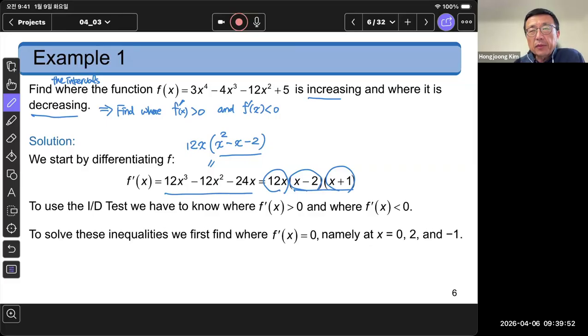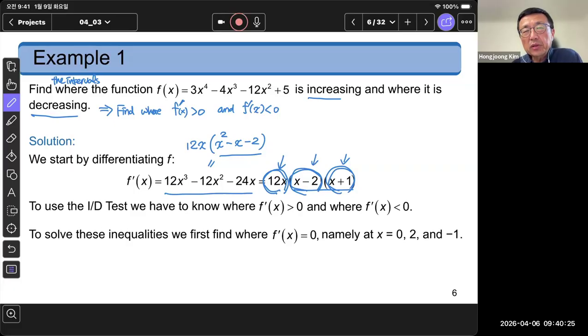Then f prime is a product of three terms, 12x, x minus 2, and x plus 1. Now, if you have such a product, then you need to find the points where f prime is 0. f prime is 0 when one of these three terms is 0. 12x is 0 when x is 0. x minus 2 is 0 when x is 2.